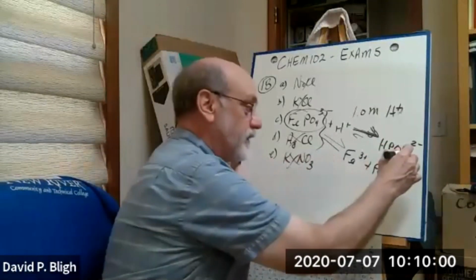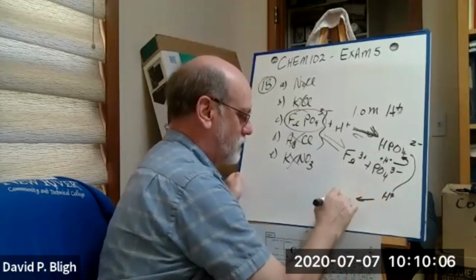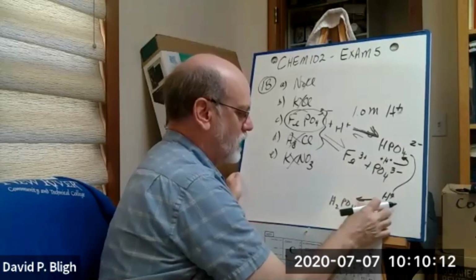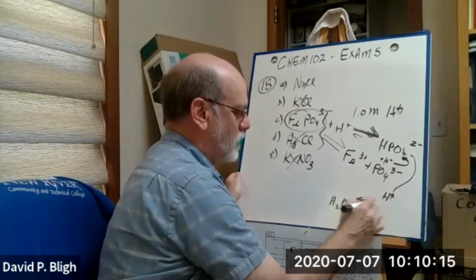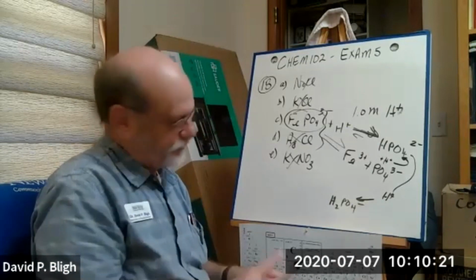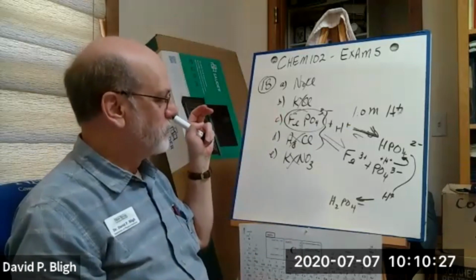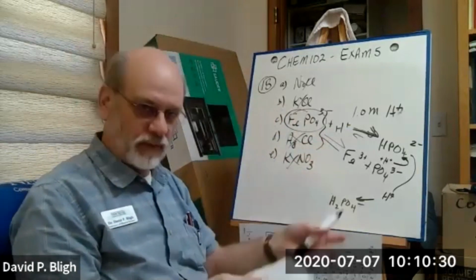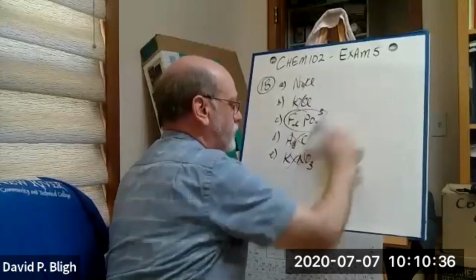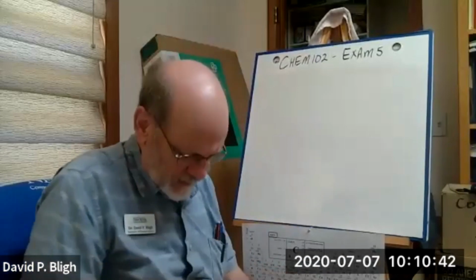And then actually, this one goes even further, to 1 minus. Okay, so iron 3 phosphate is the one that is more soluble when you add acid than it is in pure water. Okay, that was 18. Let's see.